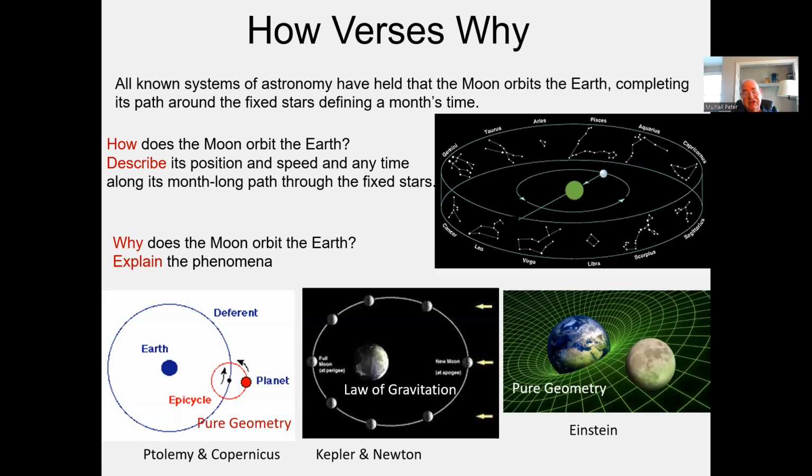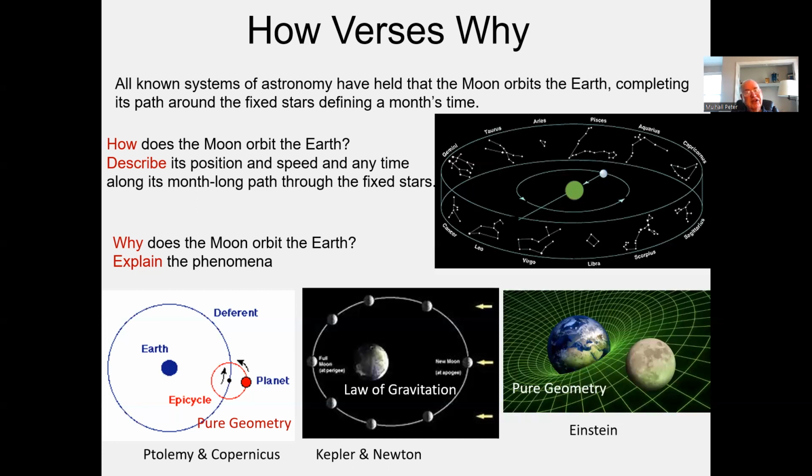The gravitational field of the Earth creates a curvature in space-time, and all the moon is doing is very simply moving along the simplest straight line in that space. That simple straight line turns out to be equivalent to all the other paths of the other explanations.